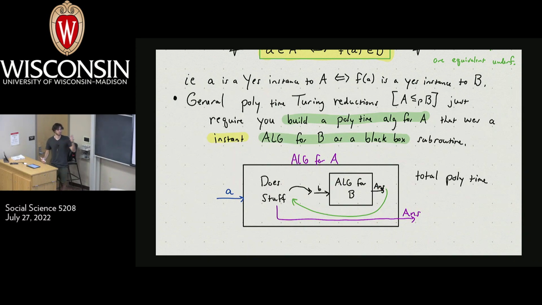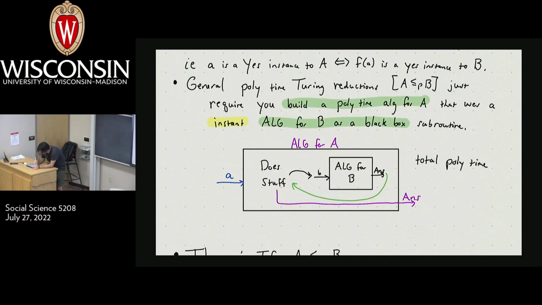So you could think of this like merge sort. In merge sort, we reduce to the sorting of the two halves. That's the B step: we sort the left half, we get that answer, we sort the right half, we get that answer, and then we do the merge. That's our final answer at the end.